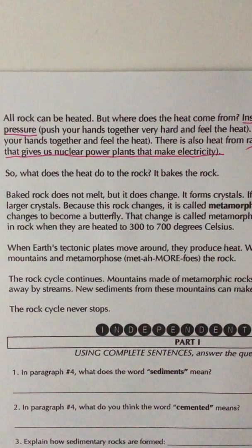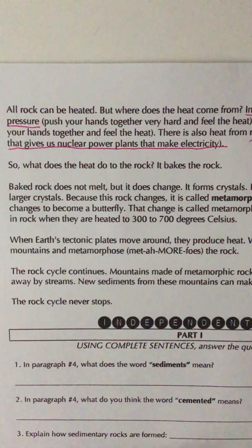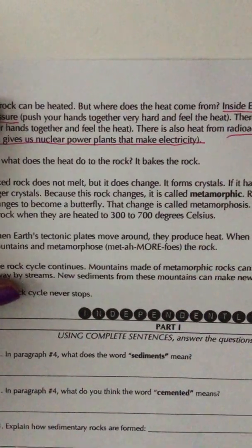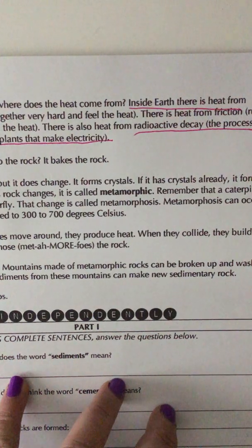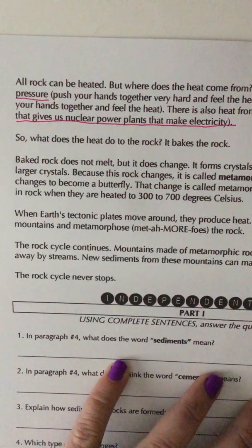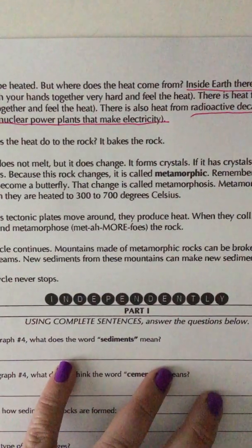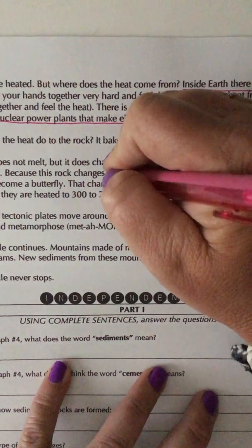So, what does the heat do to the rock? Baked rock does not melt, but it does change. It forms crystals. If it has crystals already, it forms larger crystals. Because this rock changes, it is called metamorphic.